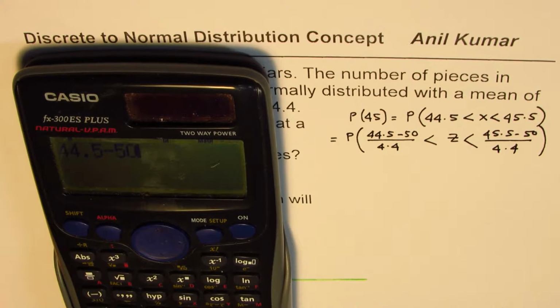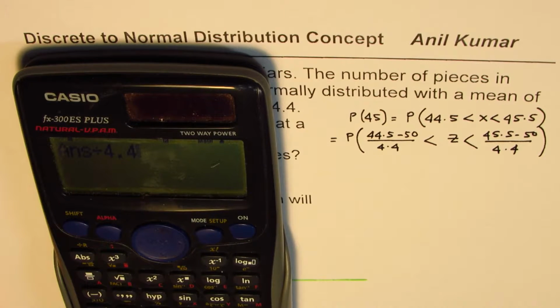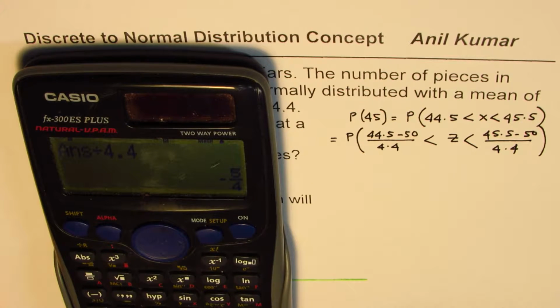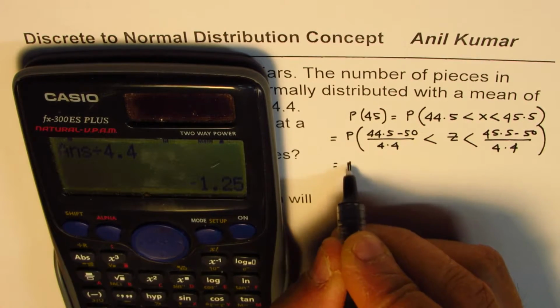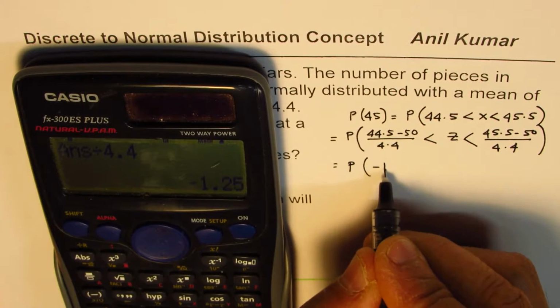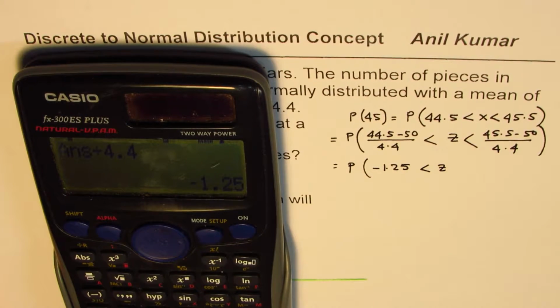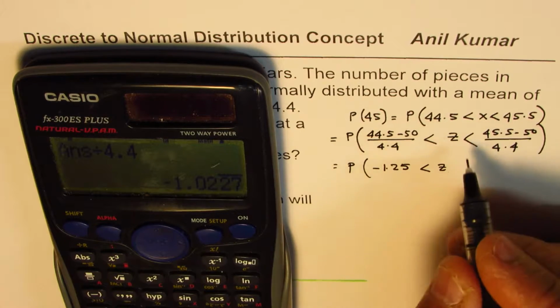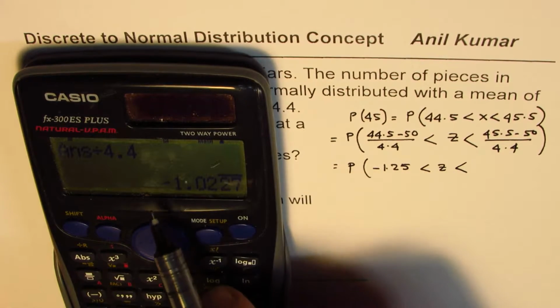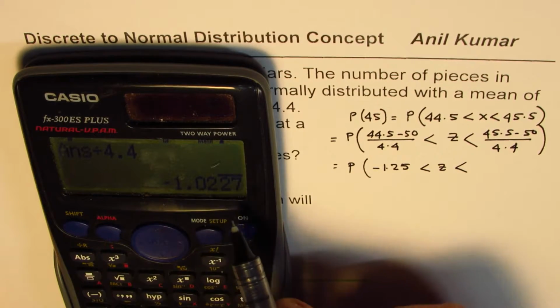So let's find what this value is. 44.5 minus 50 is minus 5.5, divided by 4.4 equals minus 1.25 in decimals. And this score is 45.5. Take away 50, divide by 4.4, gives us in decimals a value which is minus 1.0227.